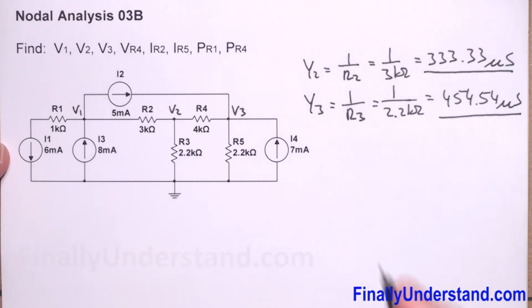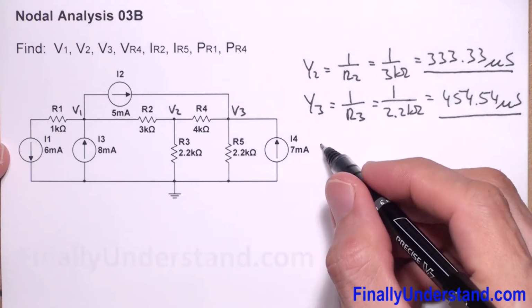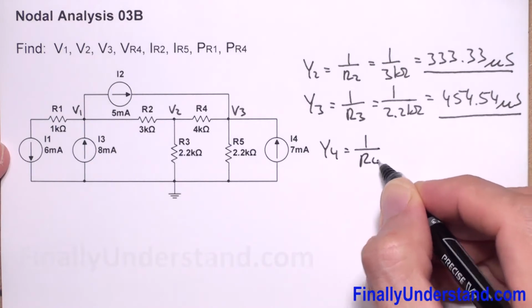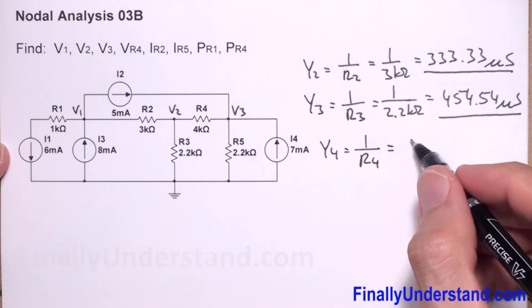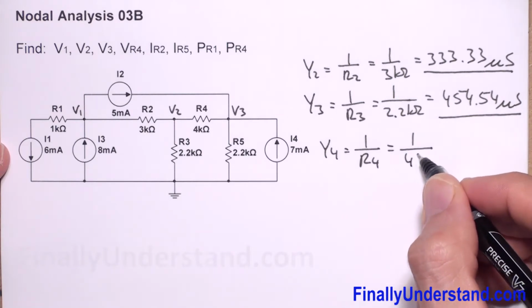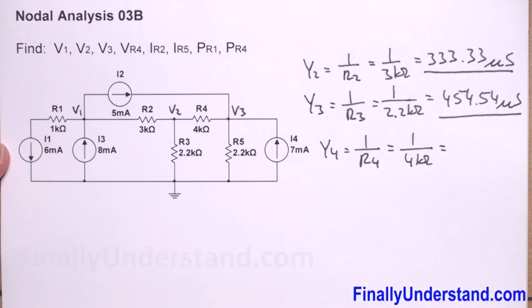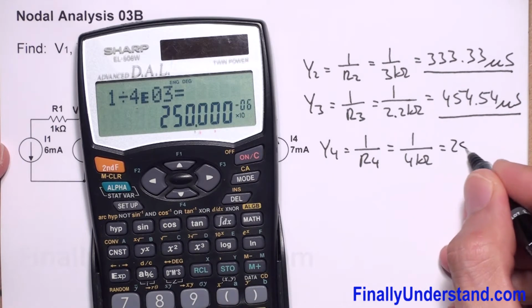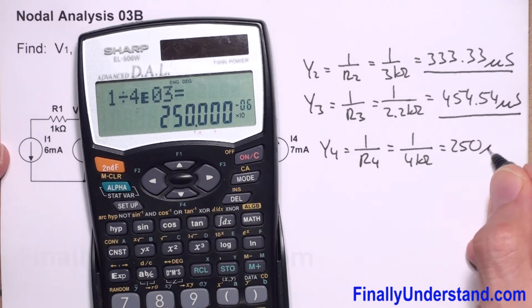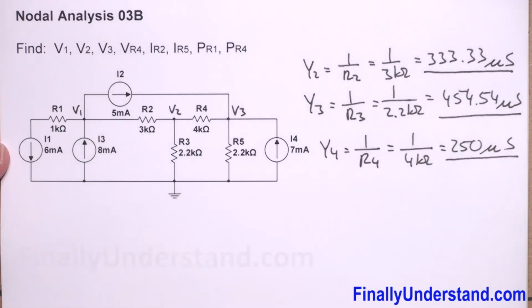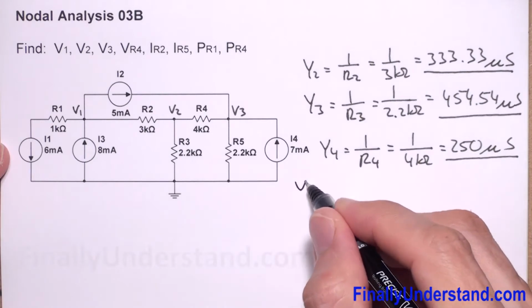Next, I'm supposed to find Y4. Y4 is equal to 1 over R4, which is equal to 1 divided by 4 kilohms. So this is 1 divided by 4 times 10 to the 3, which is equal to 250 microsiemens.